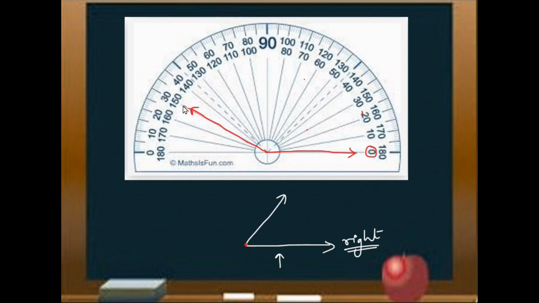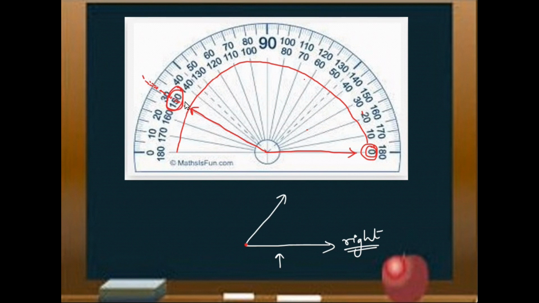When I extend this, it is exactly on this 150. Because I am considering this 0, I am again going to follow the inner side of the numbers.